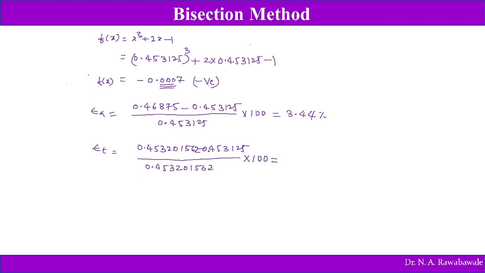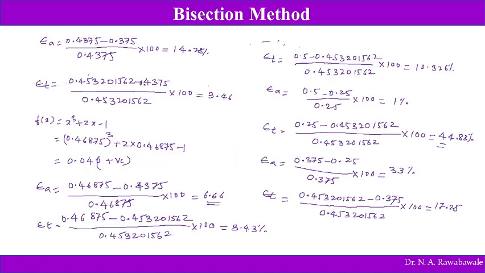If we find this out, it is going to be 0.0168%. Now we can see here the true error is less than 0.5%. So we can stop here, and this error is 0.0168%.